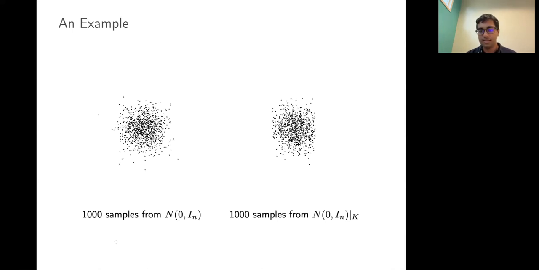What I mean by this is I'm drawing 1,000 samples from the Gaussian conditioned on a simple geometric convex body, which is just a slab. The notation I'll be using throughout this talk is the following. I'm going to write N(0, I_n) for the Gaussian distribution, and I'm going to put a vertical bar and write K underneath the vertical bar to indicate that I'm drawing from the Gaussian conditioned on a convex set K. In this picture, this purple slab is the convex set K.